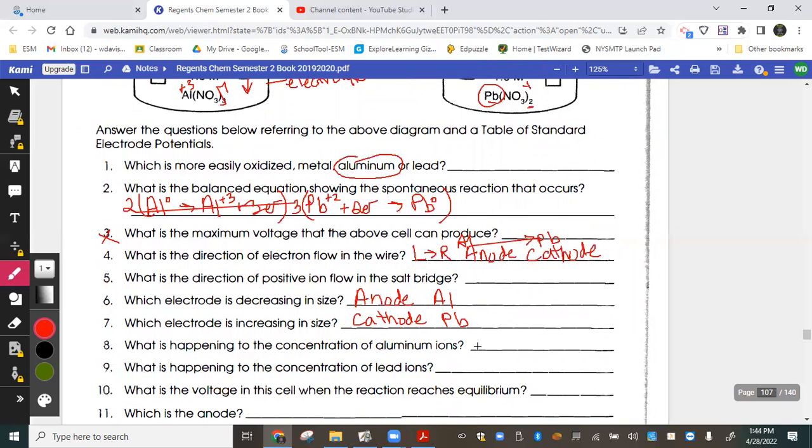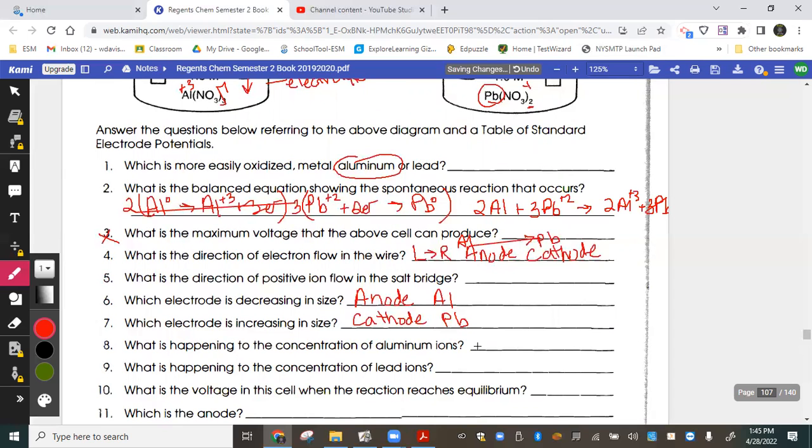So then when I write the reaction, I'm going to have 2 aluminums plus 3 lead, and that's going to make our 2 aluminums with a +3 plus our lead, and right the 3 in front of the lead.